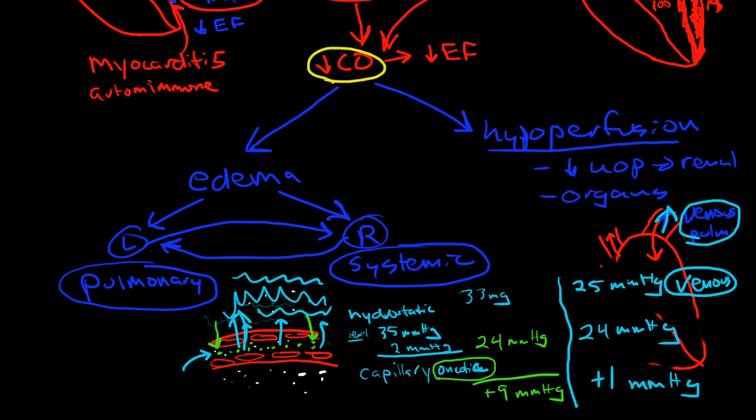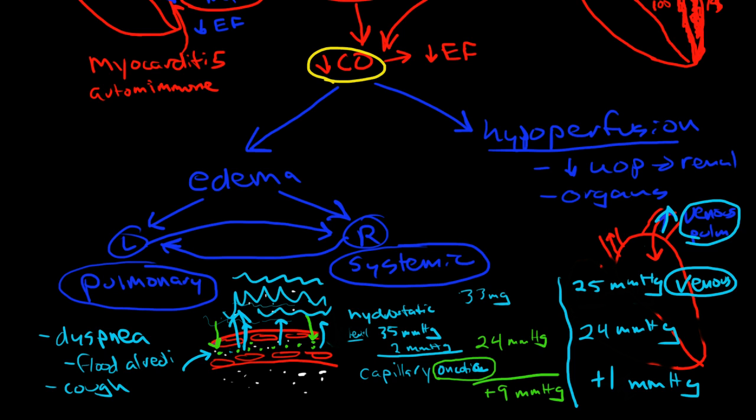Now, if this happens in the pulmonary system, you're going to end up with pulmonary edema, which is going to cause swelling of the alveolar capillary membrane, and that's going to interfere with oxygen and carbon dioxide diffusion, and then eventually you're just going to flood the alveoli and you're going to have dead space, and that's what causes dyspnea, and stretching of the alveoli with fluid can cause a cough.